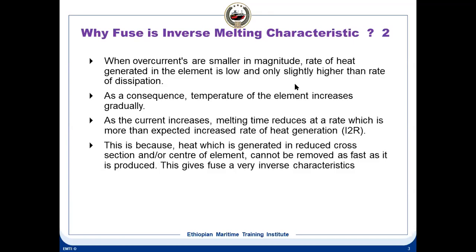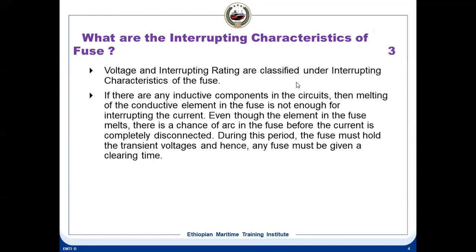Now here, heat generated in the reduced cross section or center of the element cannot be removed as fast as it is produced. So this gives a fuse an inverse characteristic. That means when the current is of smaller magnitude, the rate of rise of heat generated is slow. So this is called the inverse characteristic. Okay, it's not very important, and there are not many questions from this topic.